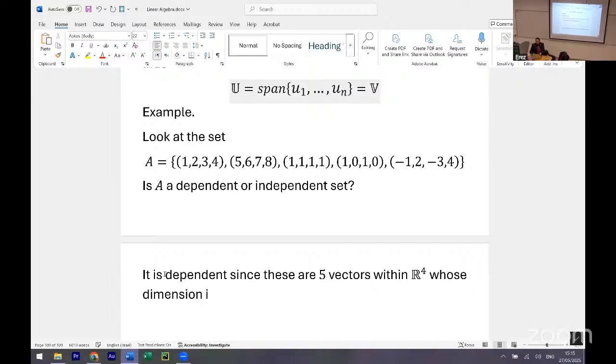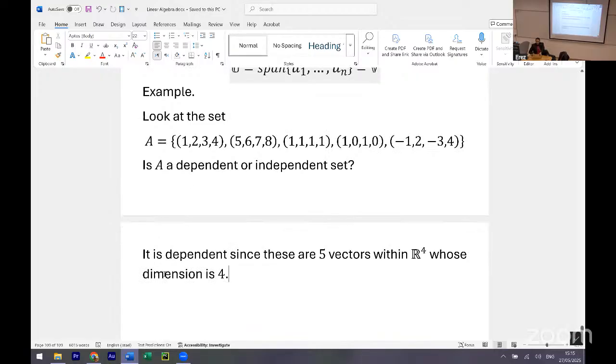Dimension is 4. There could never be a larger independent set than the dimension. If you have more elements than the dimension, then it must be dependent. That's one of the main things we proved today.